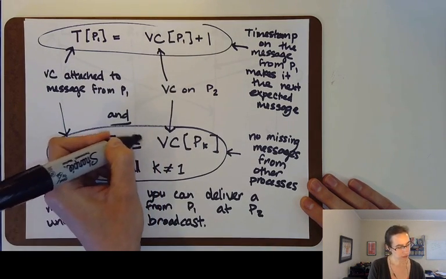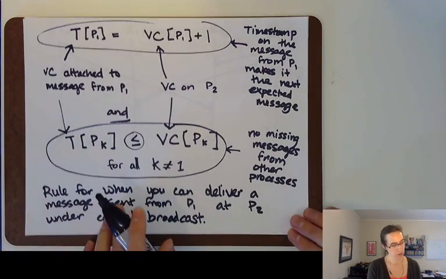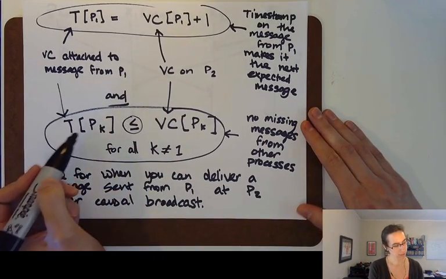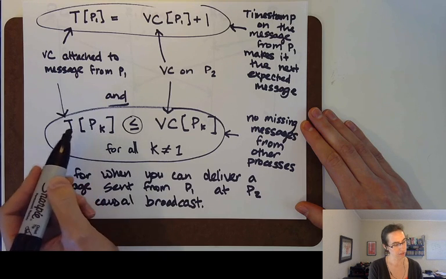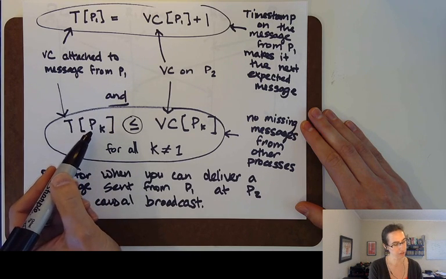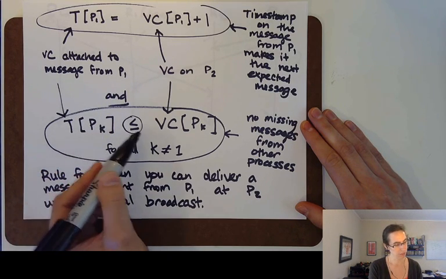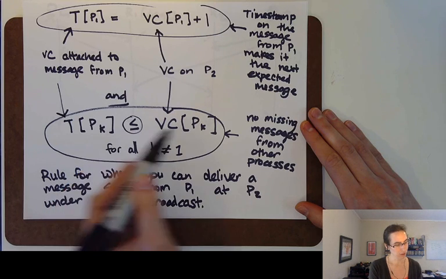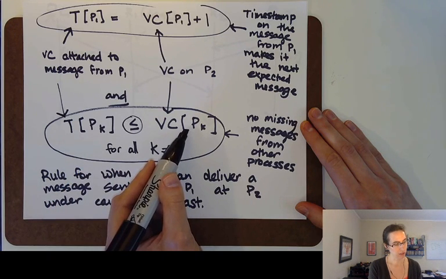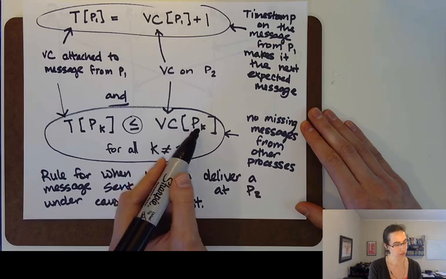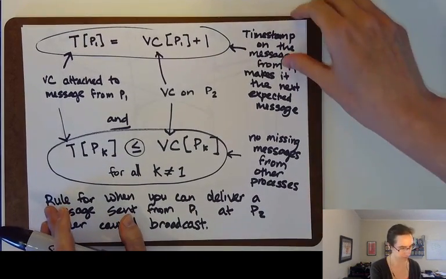But then here, we say the timestamp for every other position on the vector clock attached to the message has to be less than or equal to the vector clock on the receiving process.